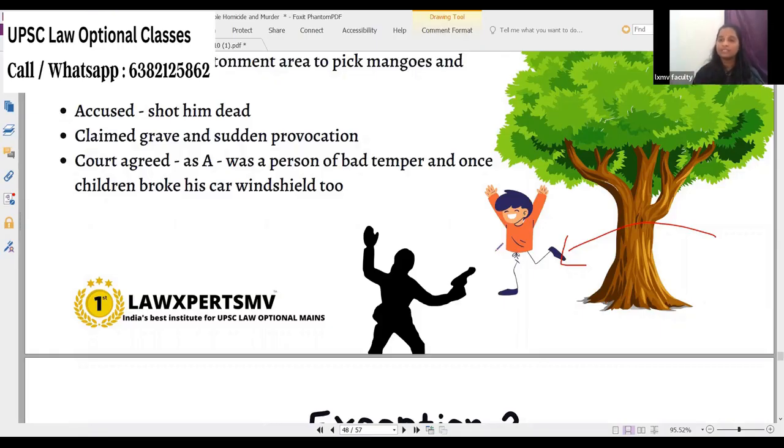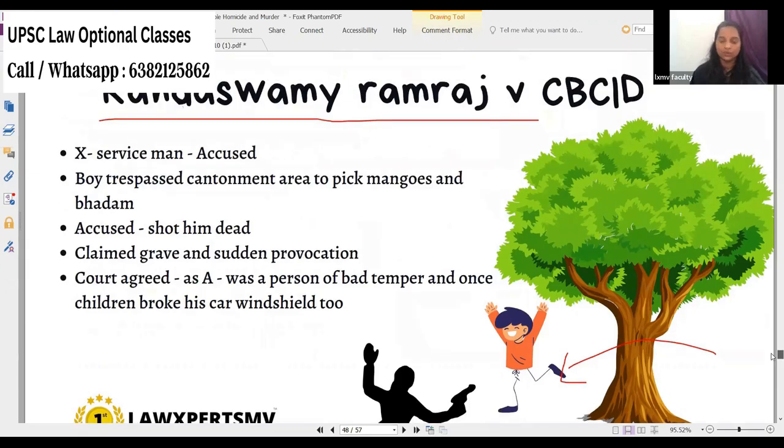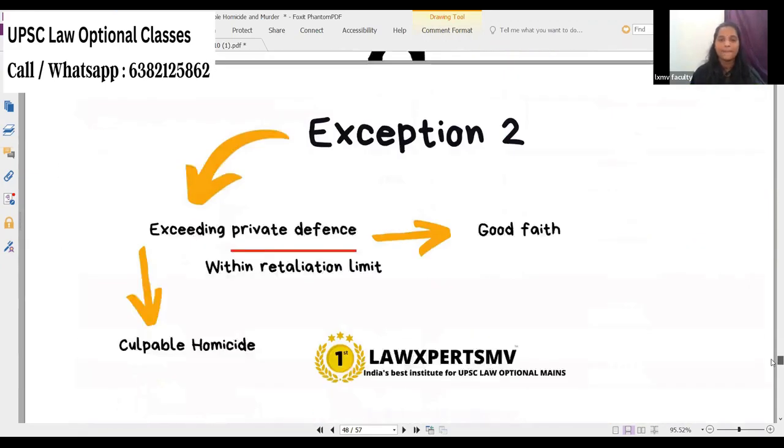So when someone trespassed again, he was infuriated to such a level that it was a grave and sudden provocation. That's why he killed the small boy. And he was not committed for murder. He was committed for culpable homicide and punished under 304. You see how unjust it is, very bad. But this is what the court held. You can write and give a criticism too, if you would like to.